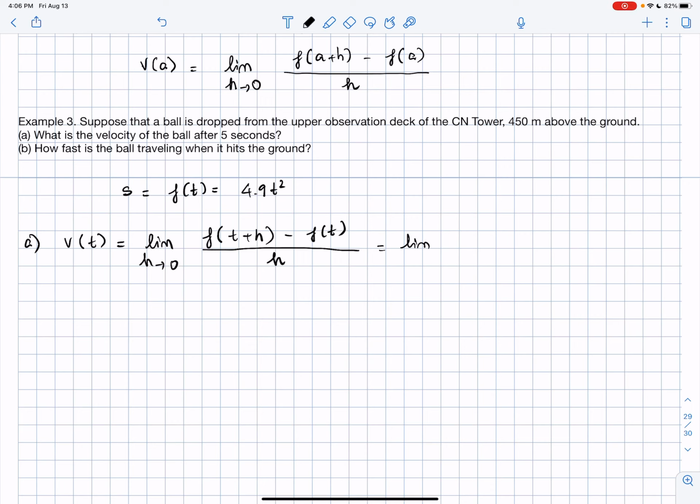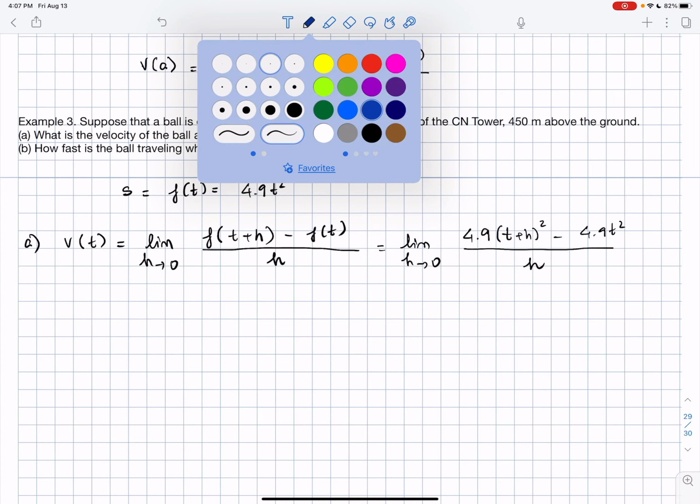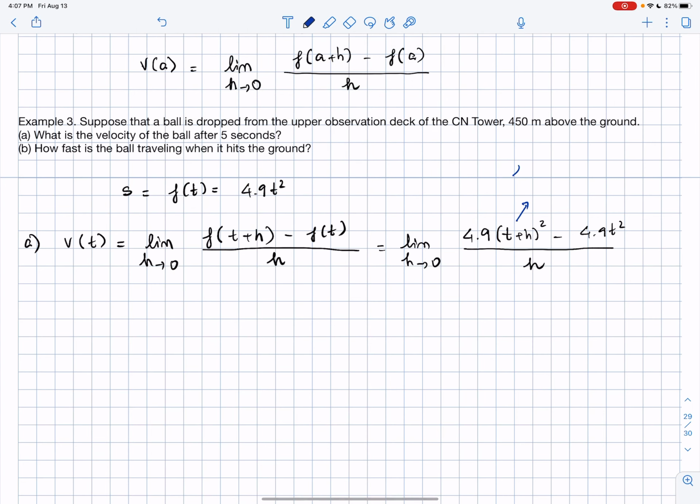So we have the limit as h approaches 0 of 4.9 (t plus h) squared minus 4.9 t squared, divided by h. You notice that this means t squared plus 2th plus h squared. And then we will distribute 4.9.